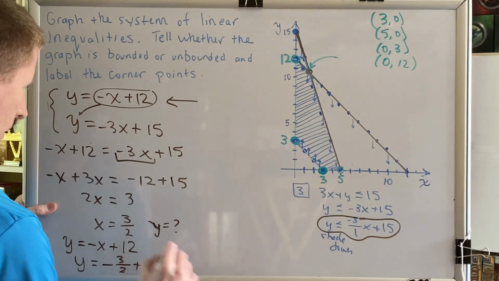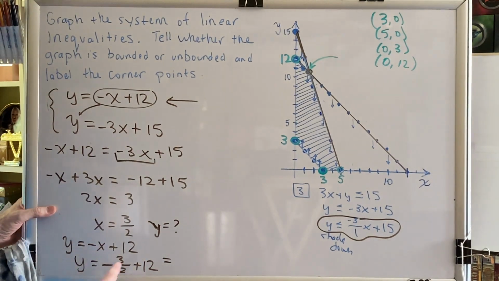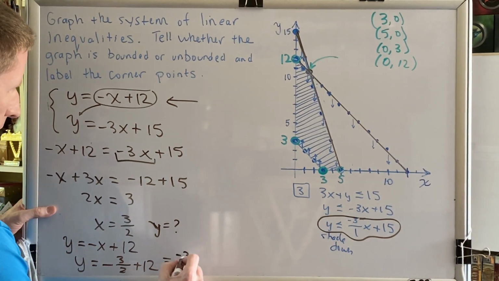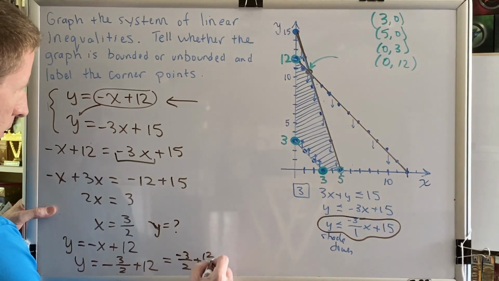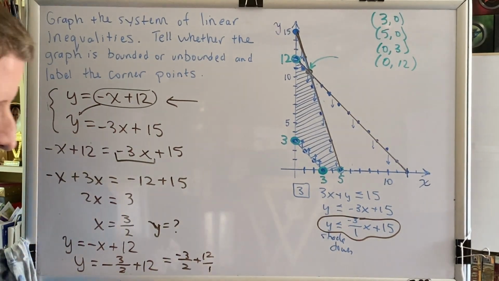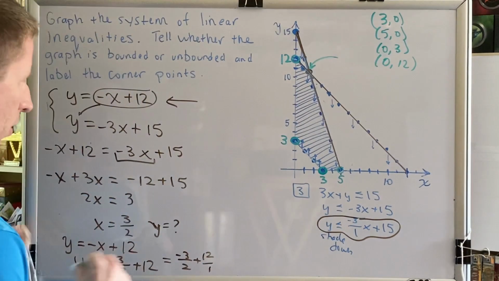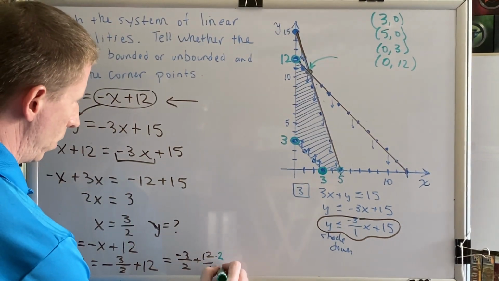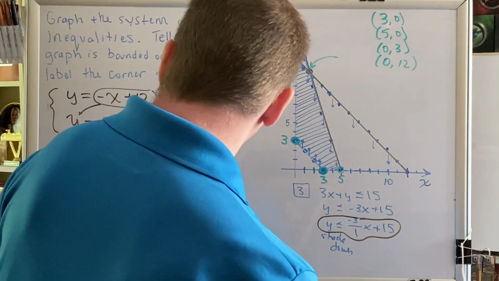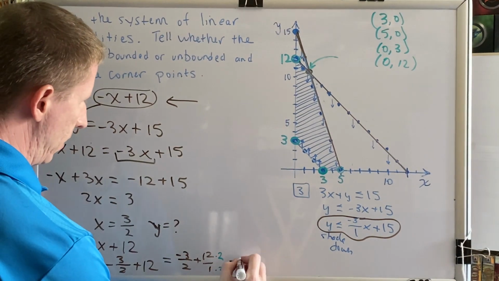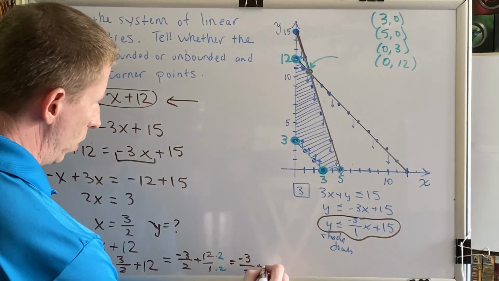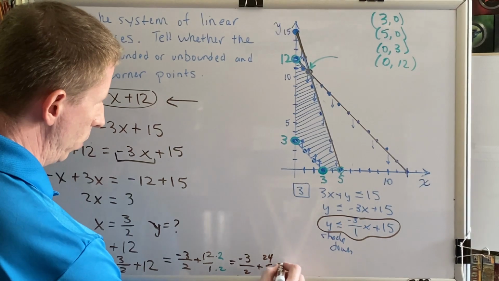Let's find that as a single fraction. 12 is the same as 12 over 1. Get a common denominator. Multiply top and bottom by 2. So then this is negative 3 over 2 plus 24 over 2.